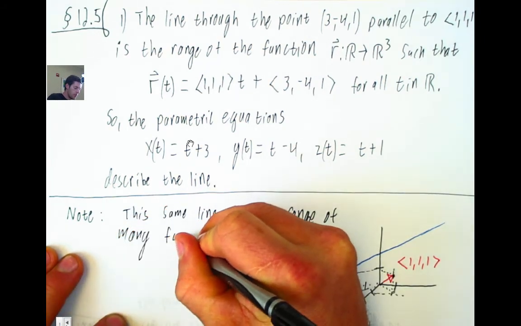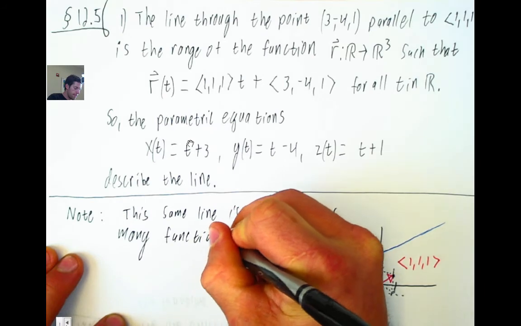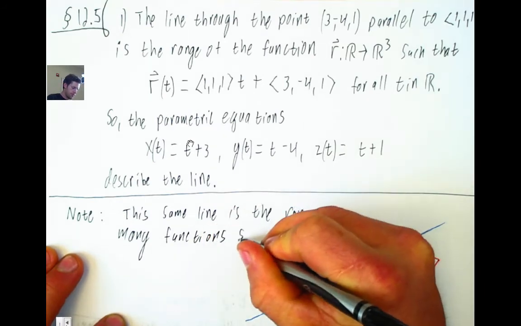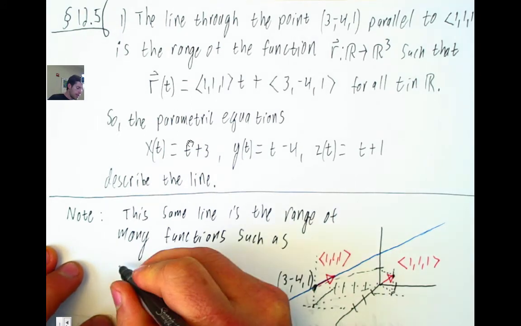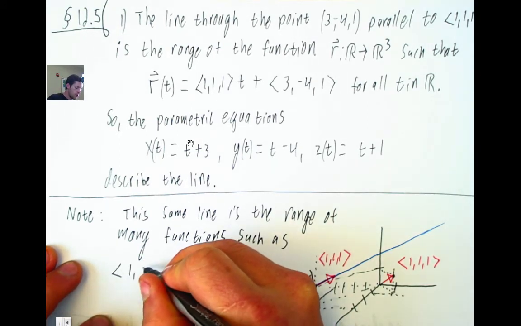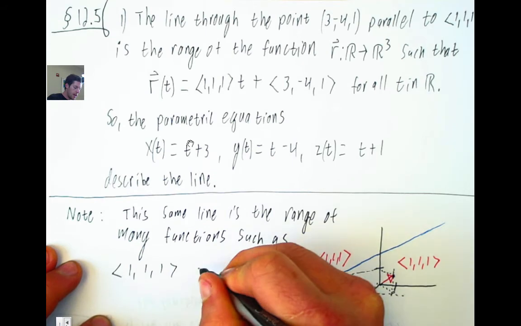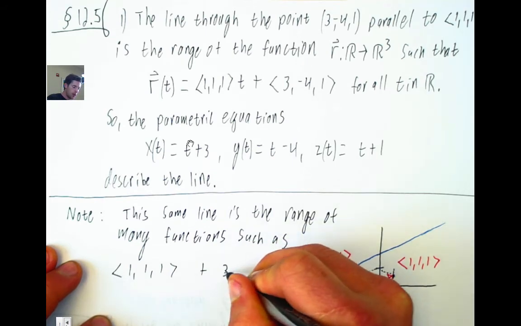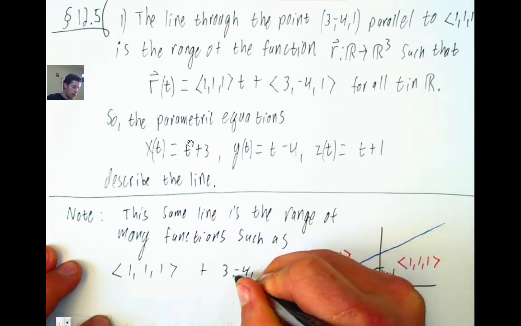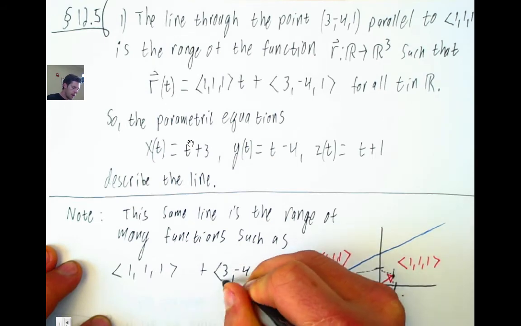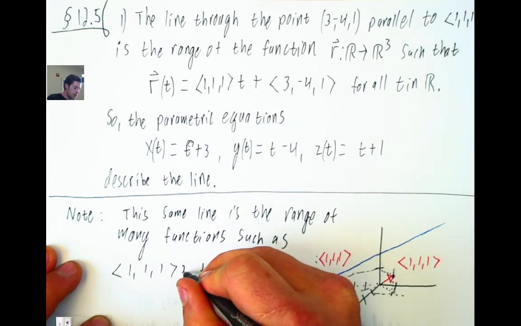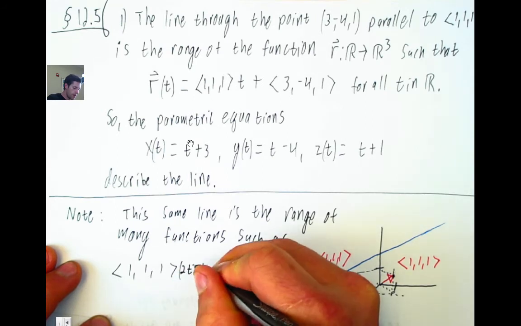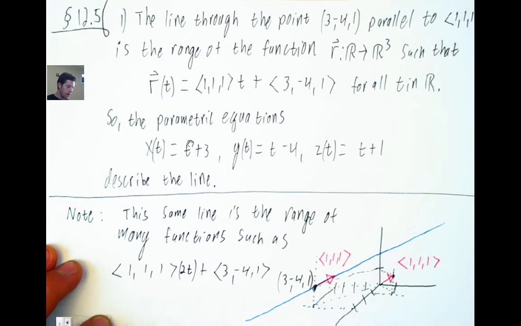Now let me give you an example. The function that uses also (1, 1, 1) and (3, -4, 1), but instead of t, you put in, say, 2 times t, right here. Okay, so let's think about this function right here.